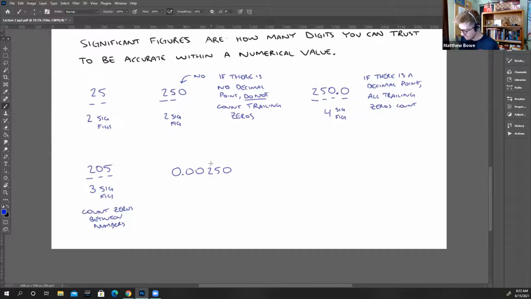Okay, so what is the rule here? For small values, you do not count the leading zeros.